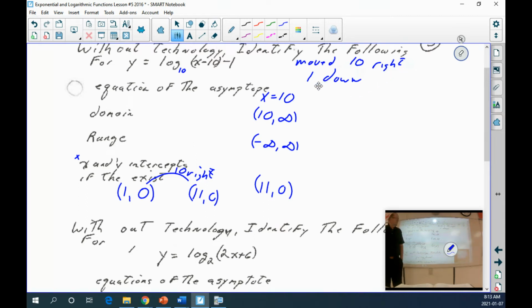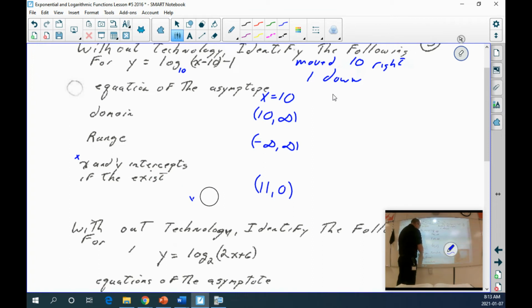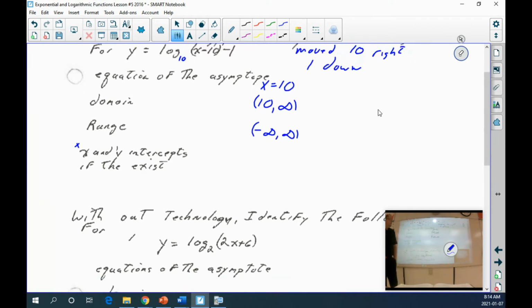But I also did move it down, so I do have to fix that. I'm sorry about that. If you only had a transformation to the right, you could do it that way. That was my mistake.